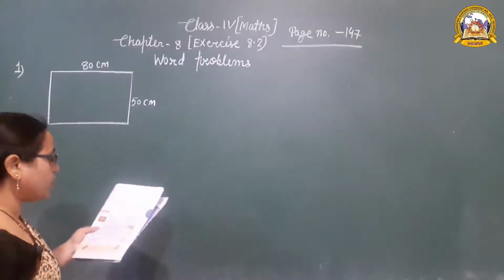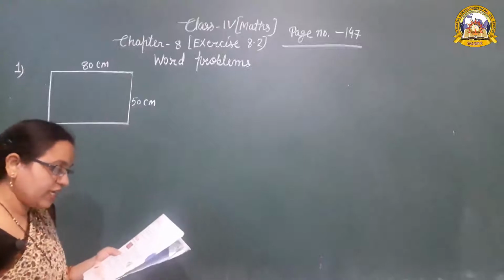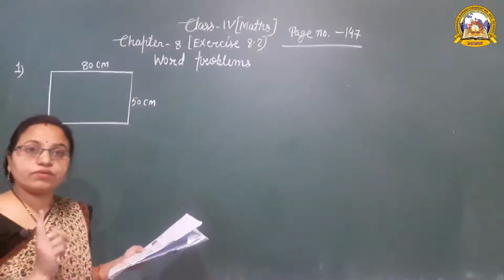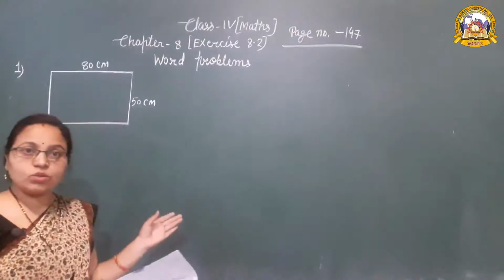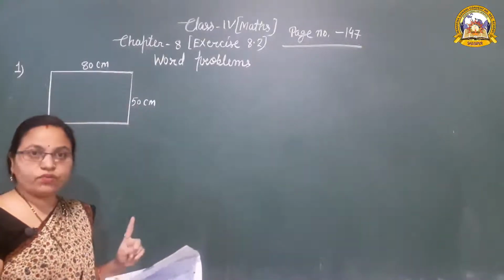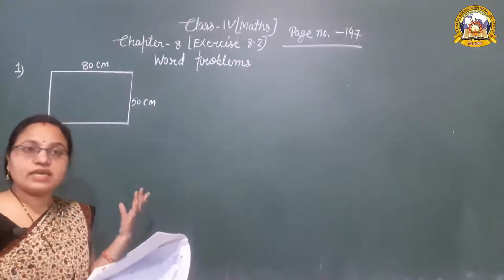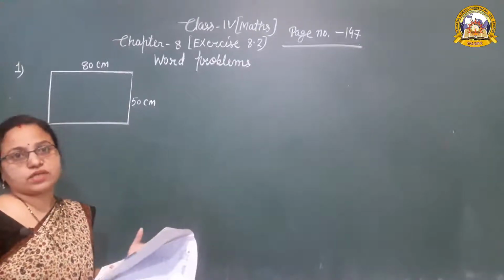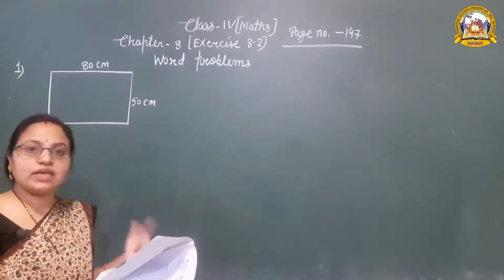Rana has to fix the lace around a rug. She bought a 20-meter roll of lace. How much lace will be needed for one rug? That is the first question. Then, how much lace will be used for the 5 rugs? That is the second question. And how much lace will be left over?